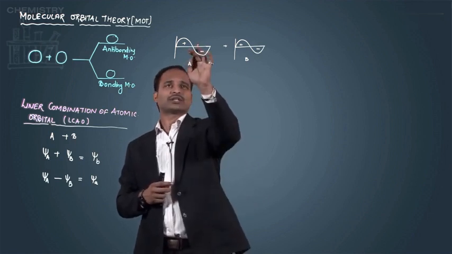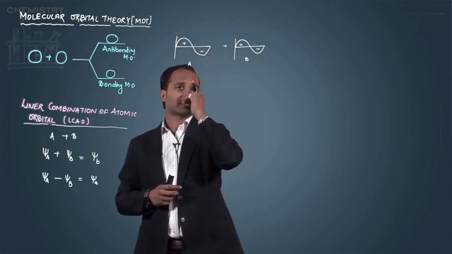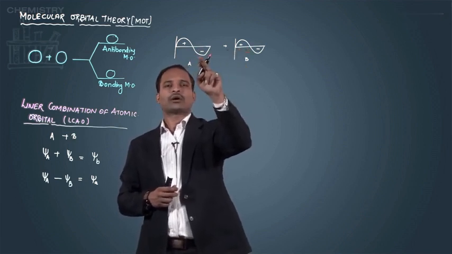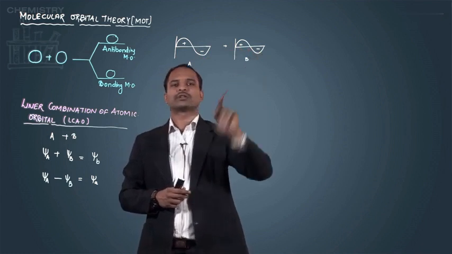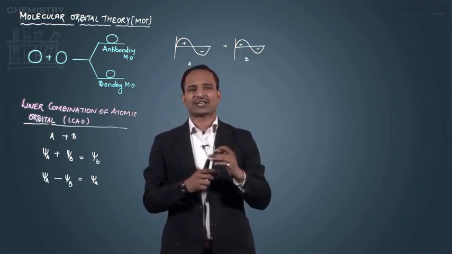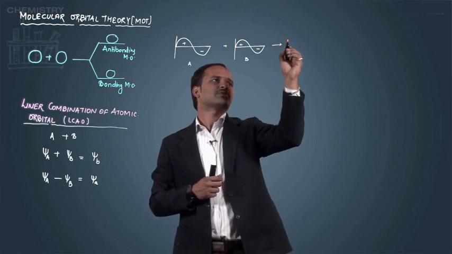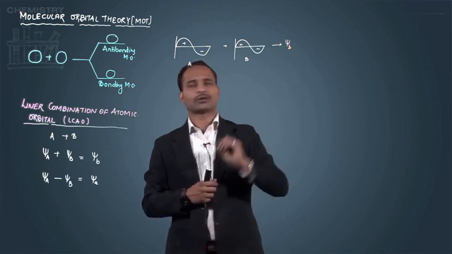When the two atoms come closer to each other, two types of overlapping can occur. Either the crest of atom A overlaps with the crest of B, and the trough of A overlaps with the trough of B. When this happens, the orbital formed is called a bonding molecular orbital.